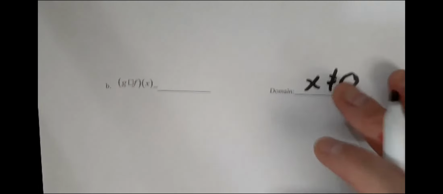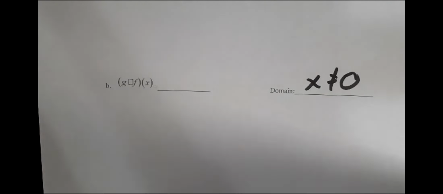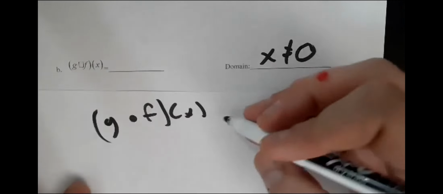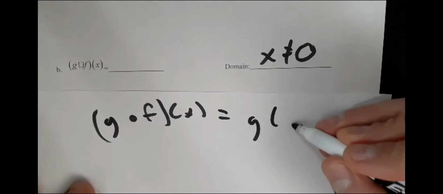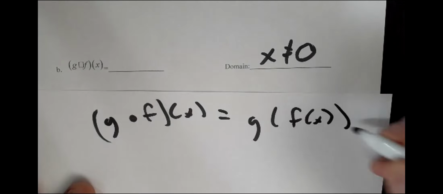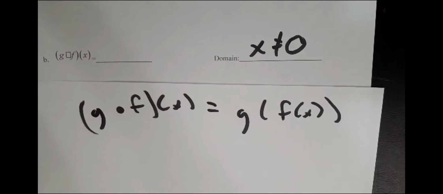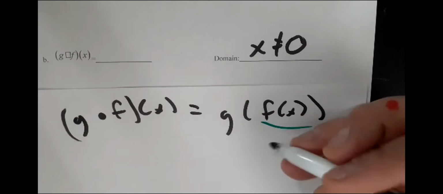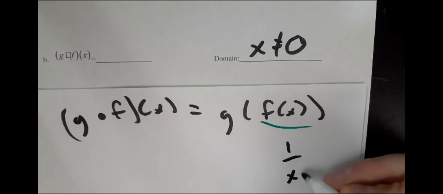Here I'm looking at g of f of x. So if I'm doing g of f of x, I want to write up my definition of g of f of x. I want to look sort of like inside out at this thing. I'm going to start here. Instead of f of x, I'm going to write 1 over x squared.